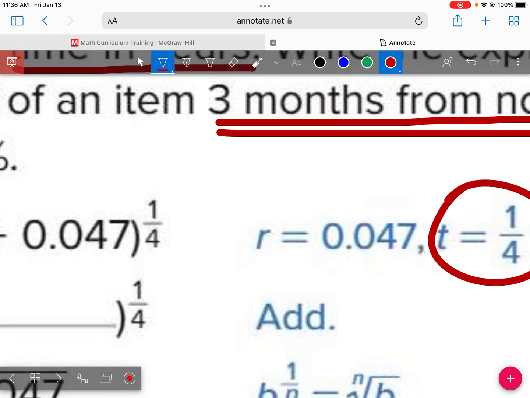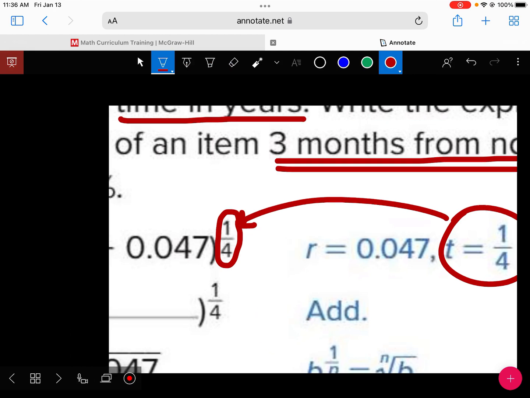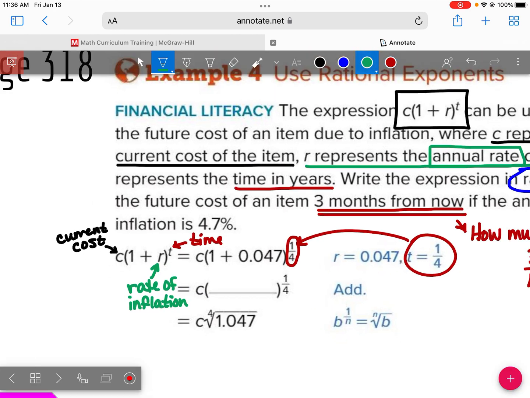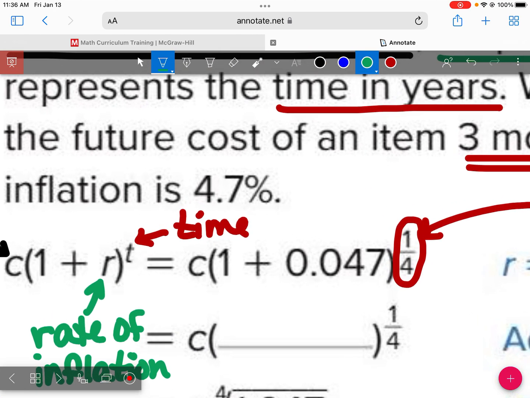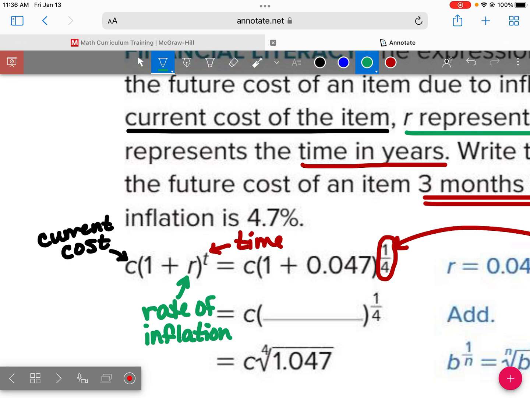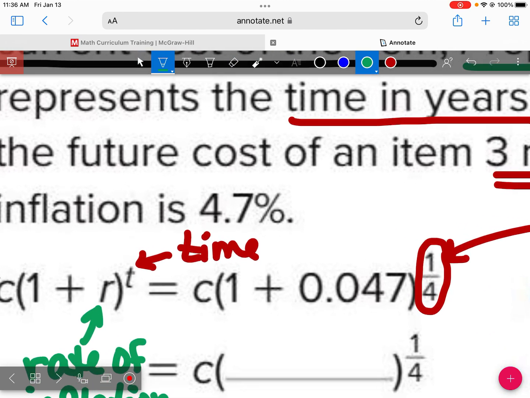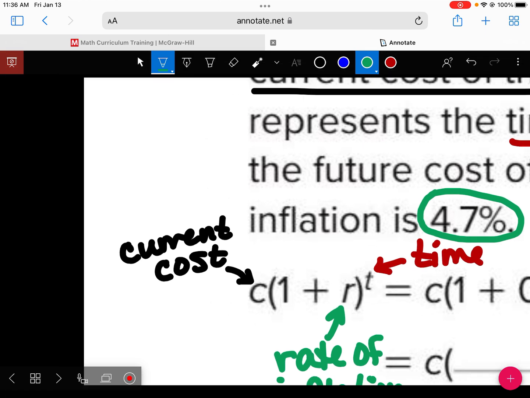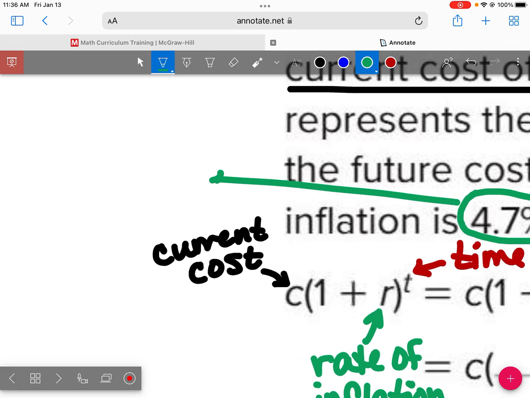They put it in for the exponent. What did they tell me about the inflation? Right at the very end of the paragraph, what did they tell me about the inflation? 4.7%.